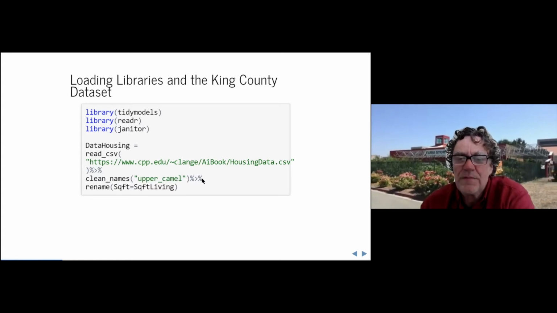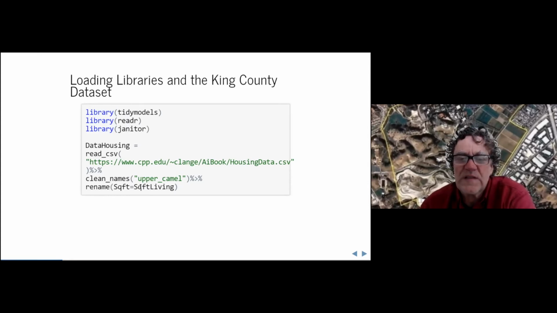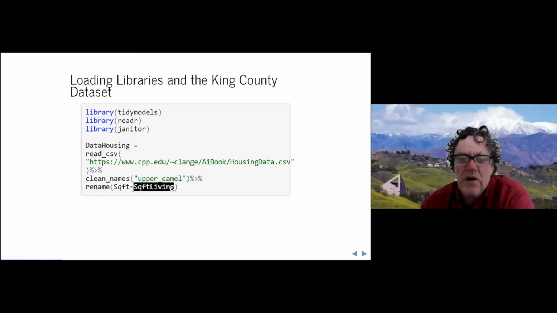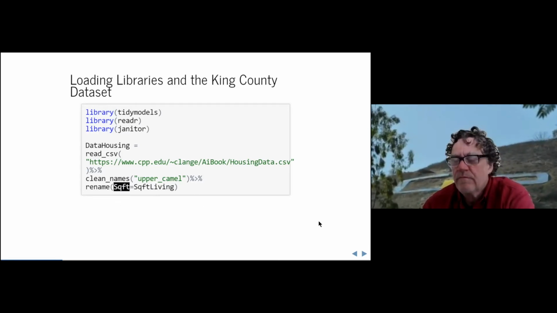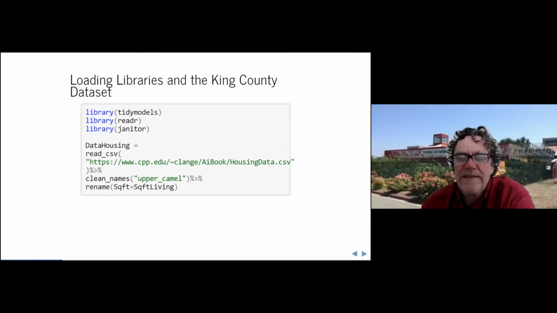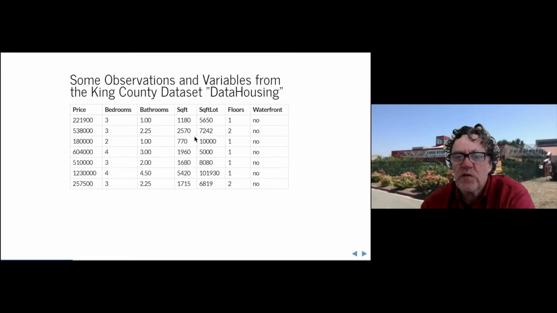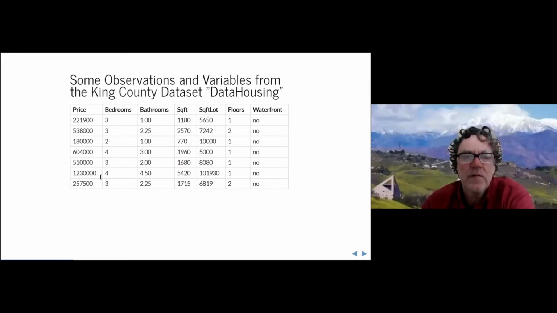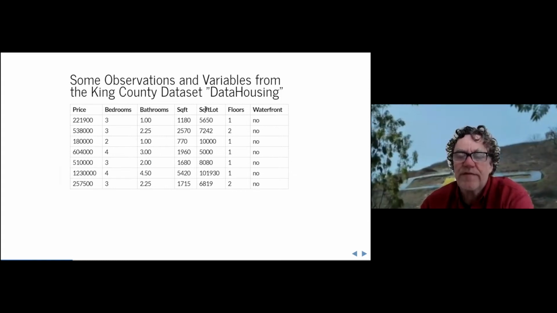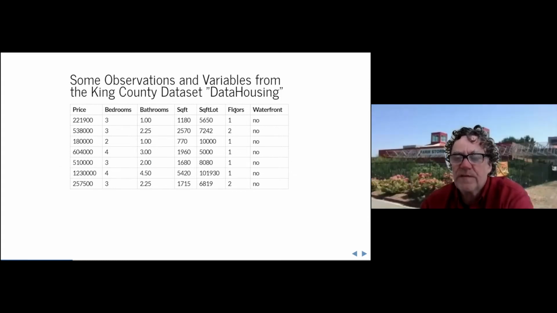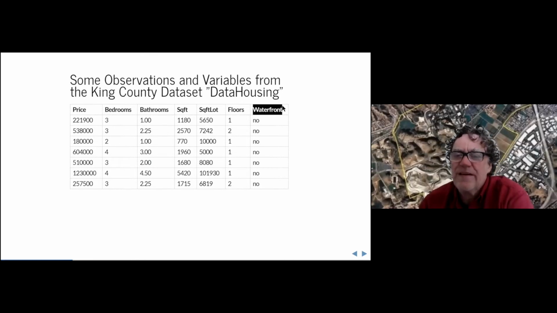Now our data table is cleaned, and we rename the variable that is called square foot living, because it's a little long, simply to square feet. So now we have all our data in data housing, and I show you the first few records. Here are the prices the house is sold for, bedrooms, bathroom, square footage, the square footage of the lot, the floors, and a variable that is kind of weird because it doesn't have numbers.